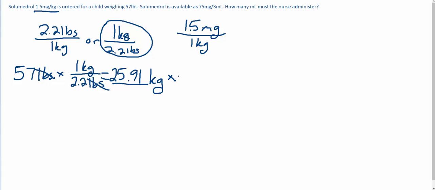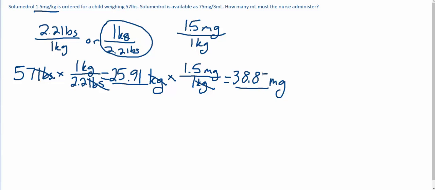We'll multiply this dosage times the kilograms the child weighs, and that is going to allow us to cancel out kilograms. We've got kilograms on the top and on the bottom, and leave us with the units of milligrams. 25.91 times 1.5 divided by 1 gives us an answer of 38.85 milligrams.